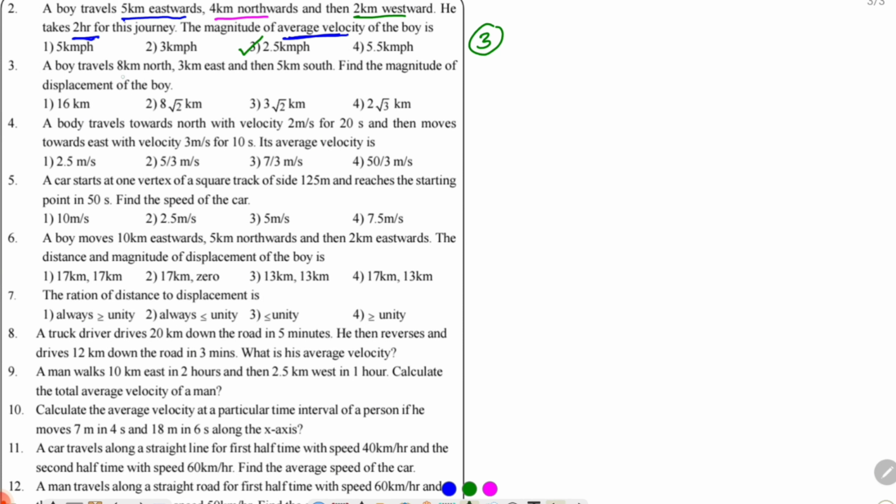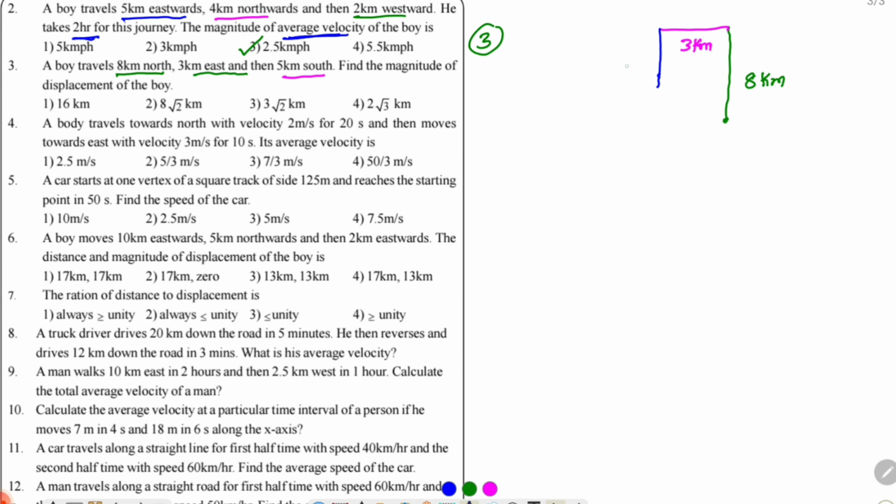Now question number 3. A boy travels 8 km north. So from here he is starting. He is moving north 8 km, 3 km east. So from here 3 km east, and then 5 km south. So from there 5 km south.